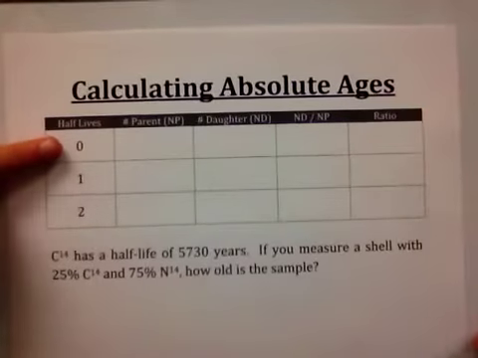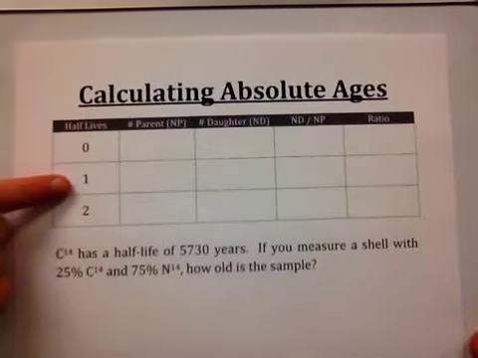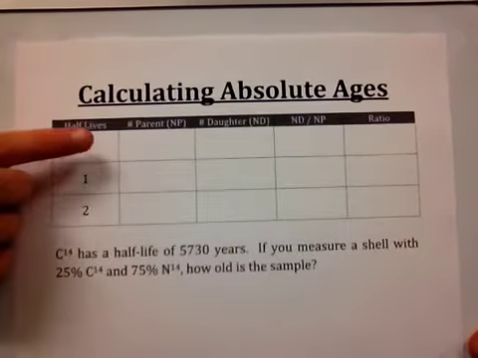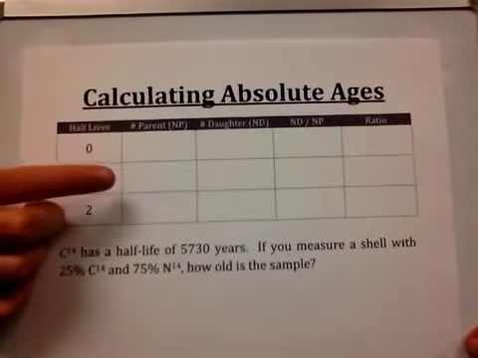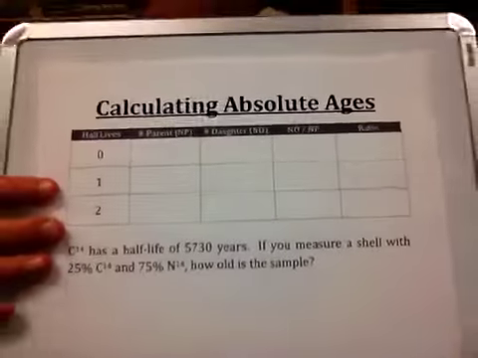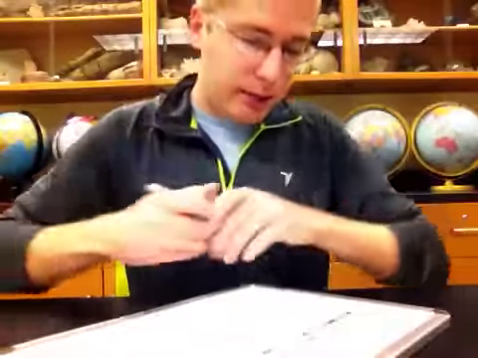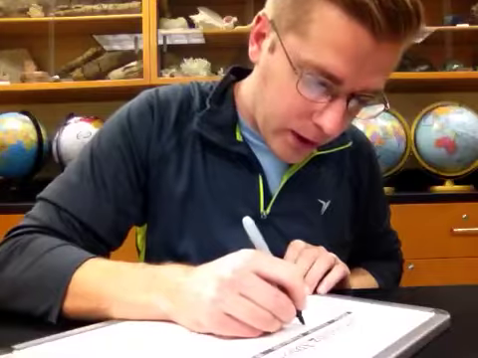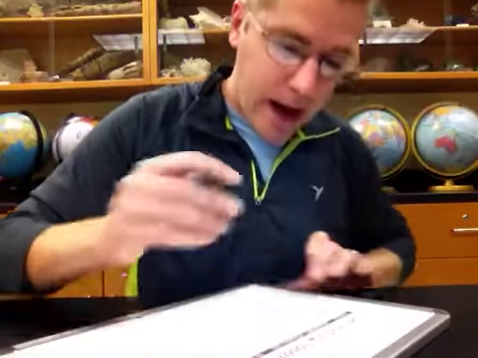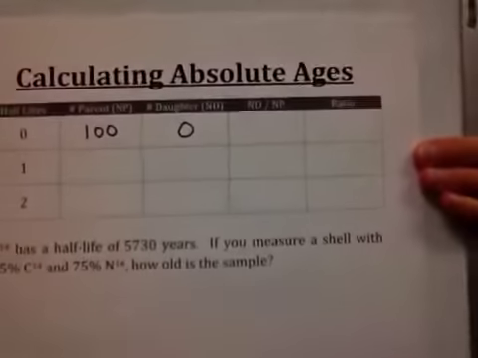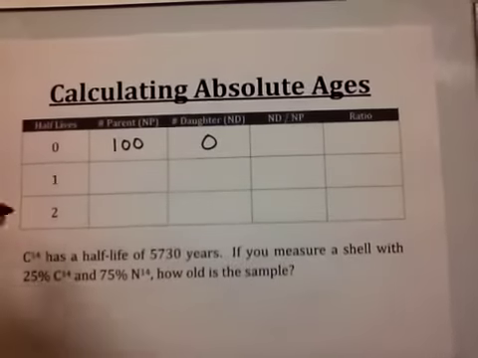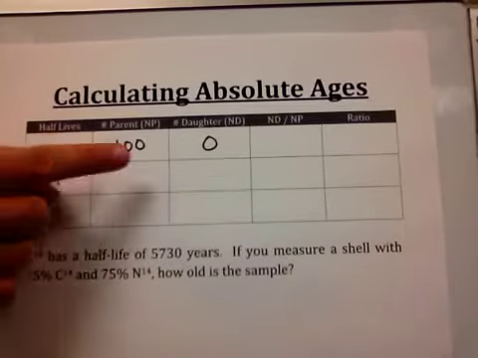Half-life is the amount of time it takes for half of the parents present to decay into daughters. So let's start in our hypothetical case with 100 parent atoms and 0 daughter atoms. All of the atoms are the radioactive parent.